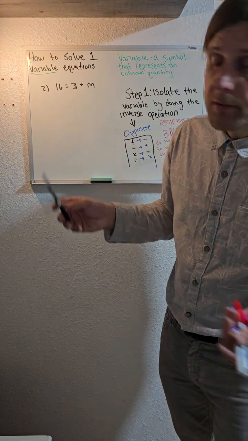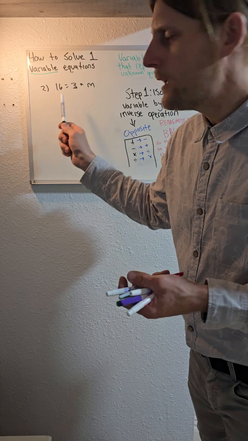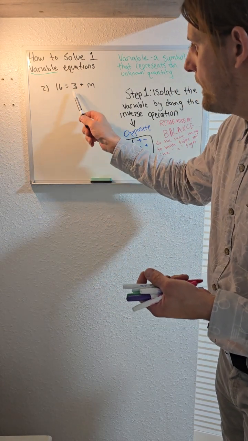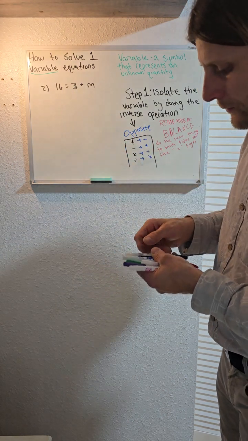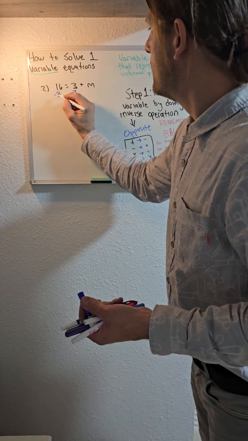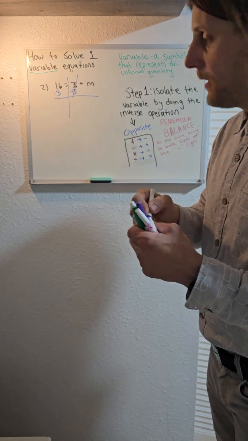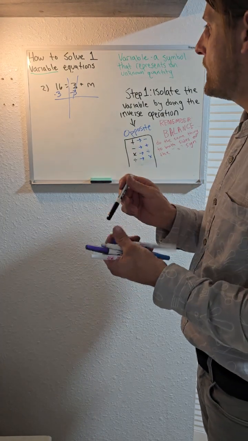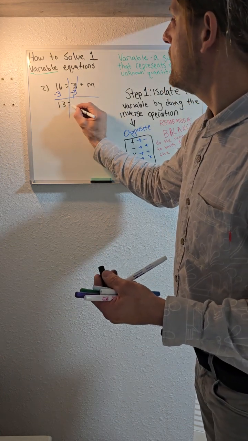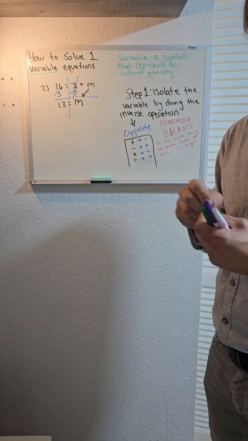Our first step is still to isolate the variable by doing the inverse operation. So we're stating 3 plus something equals 16. So we'll subtract 3 from both sides. Our 3's will cancel. 16 minus 3 is 13. Equals, and we drop our n to get n equals 13.